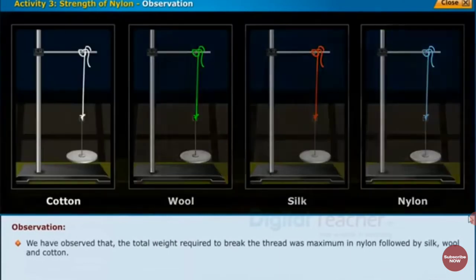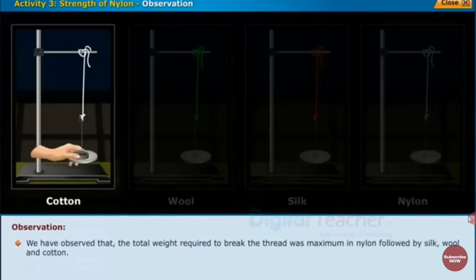We have observed that the total weight required to break the thread was maximum in nylon, followed by silk, wool and cotton.